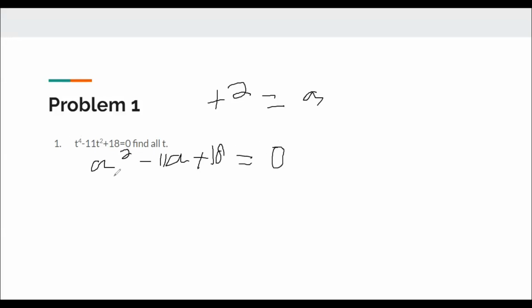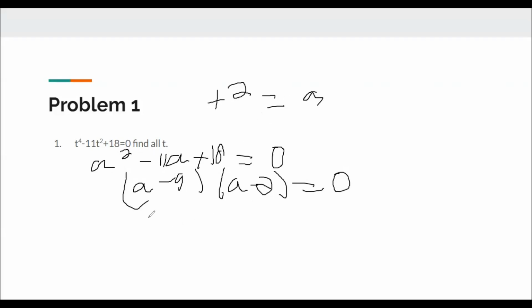Now you can use your traditional factoring techniques, and you're going to get a minus 9 times a minus 2 is equal to 0. So our choices for a are a is equal to 9 and a is equal to 2.